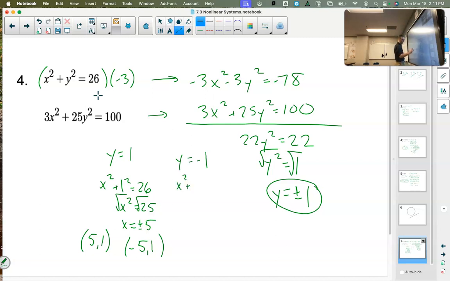X squared plus negative 1 squared equals 26. That's x squared plus 1 equals 26. Subtracting 1, hey, we're going to end up with the same solutions here.